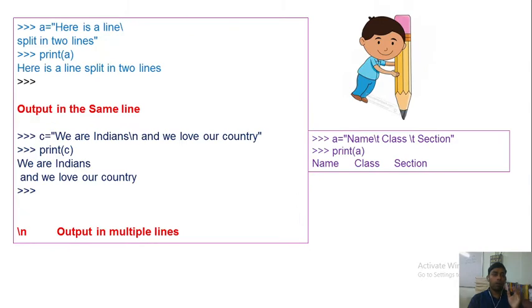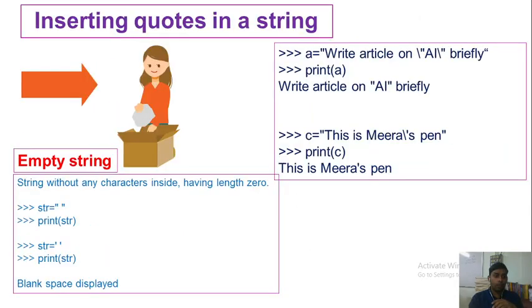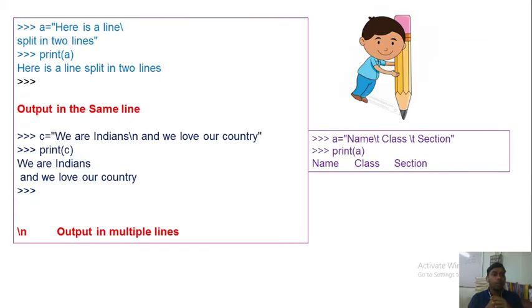Moving on, we have another example. a equal to a string where a line is split across 2 lines with a backslash, but it will not actually split into 2 lines. It's just a backslash, in the sense that at the time of inputting, we can input in multiple lines. Otherwise it shows an error, right? Yes, here is a line, here is a line.